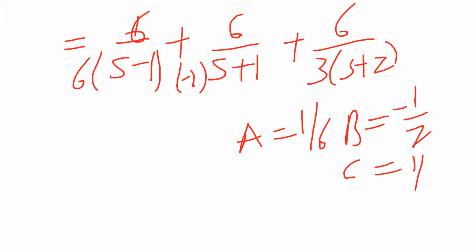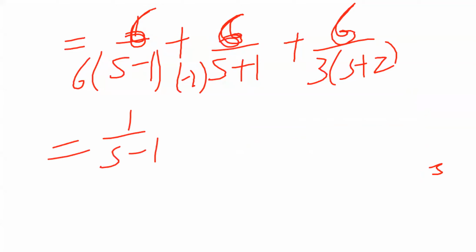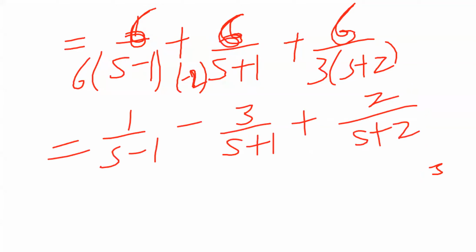Here 6 is already the numerator, so simplifying the 6, the resulting value is 1 by s minus 1 minus 3 by s plus 1 plus 2 by s plus 2. So this is the simplified value.